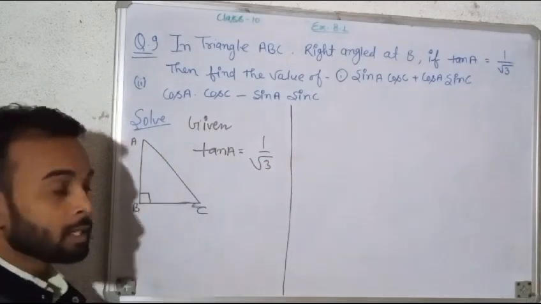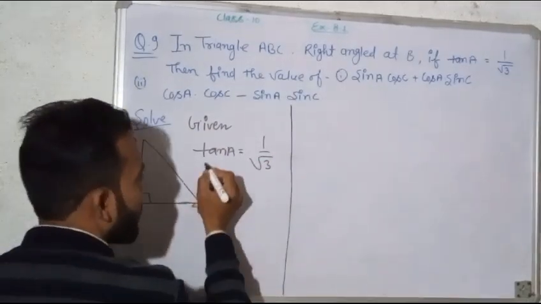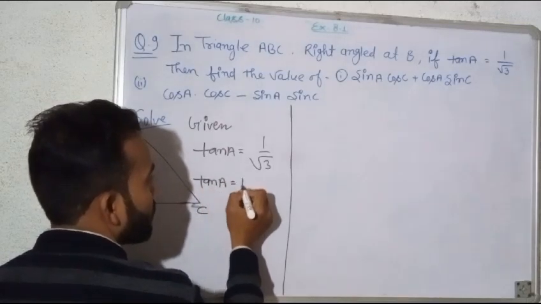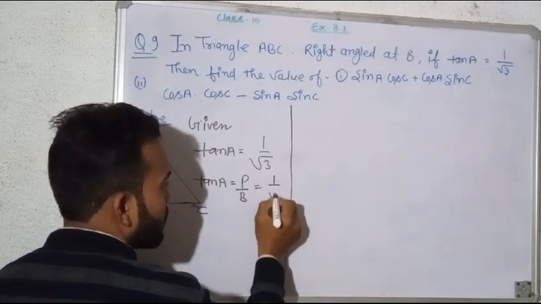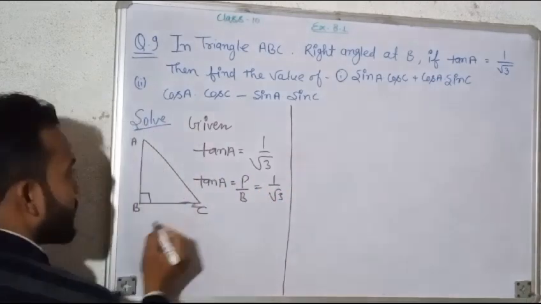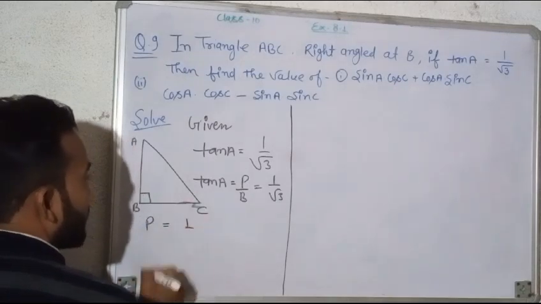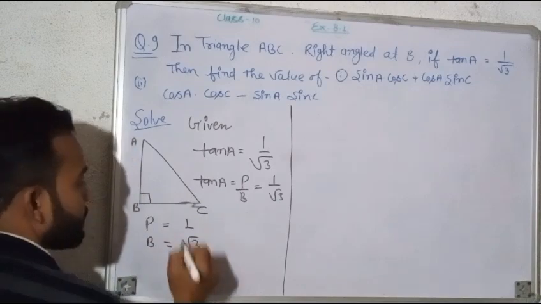But we know that tan theta is equal to P by B. So we can write tan A is equal to P by B, and it is given as 1 by root 3. So we can say that perpendicular P is equal to 1 and base B is equal to root 3.